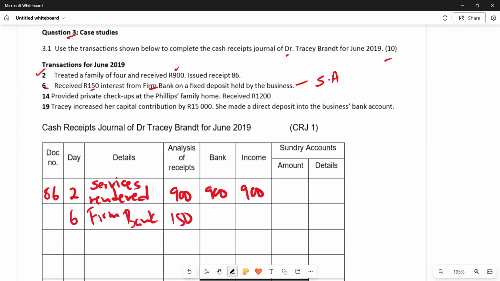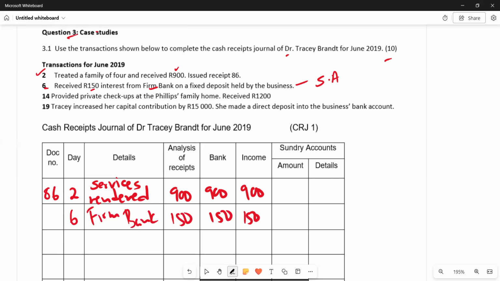Which is the same amount that is going to come under bank, the same 150. And also this interest is an income, so it should come in. For our sundry accounts, we know it's going to come there because it's not part of our core activity.